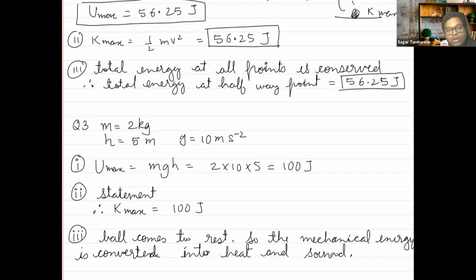So when the ball is lying on the ground, stationary at rest, potential energy is zero, kinetic energy is also zero. So where has the 100 joule gone? When the ball hits the ground, you hear the sound. So that is sound energy. And also with the collision of the ball and the ground, some energy is dissipated in the form of heat.